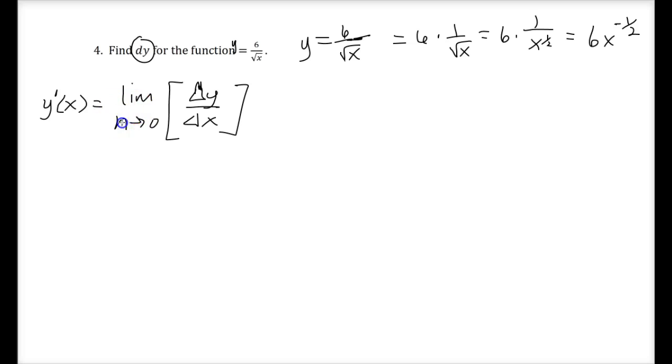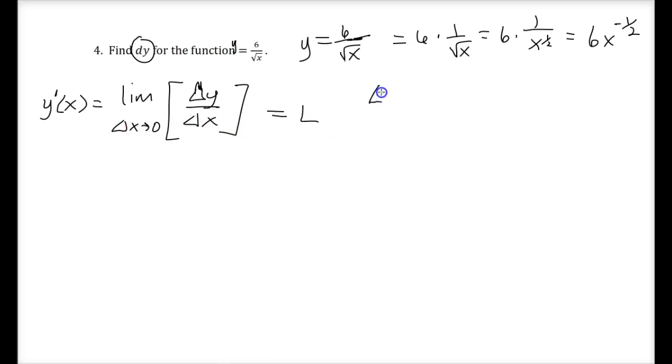Here what we're saying is we want to do the limit, or study the behavior, of the change in y values over the change in x values as the change in x values goes to 0.